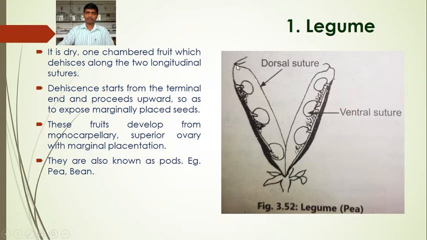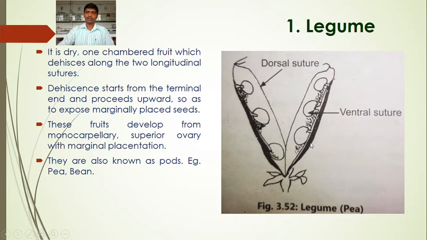Dehiscence starts from the terminal end, this end here, and proceeds upwards towards the peduncle so as to expose the marginally placed seeds. The placentation in this plant is marginal placentation, where the placenta has been developed on the ventral suture.